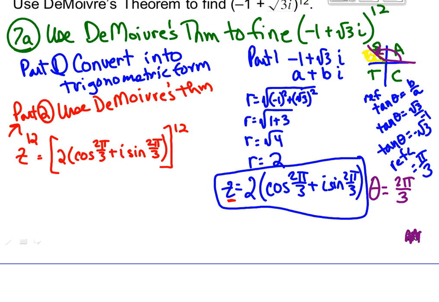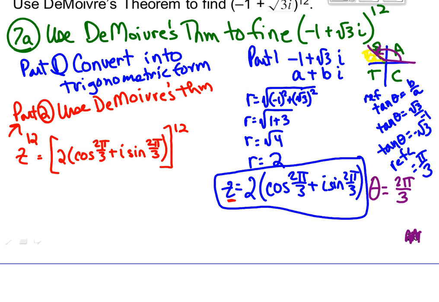So that's what I'm finding. All I did so far is change that standard form complex number into a trigonometric form. And now I'm just going to use de Moivre's theorem as I go.